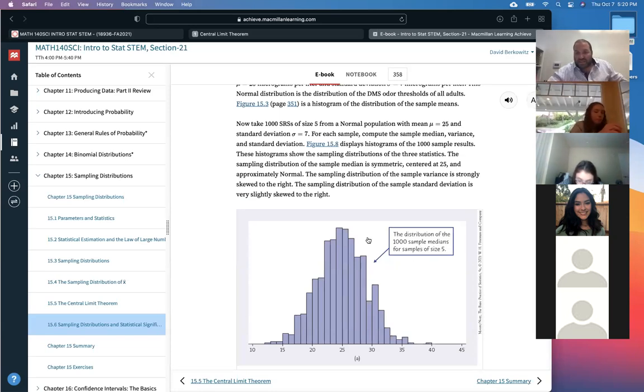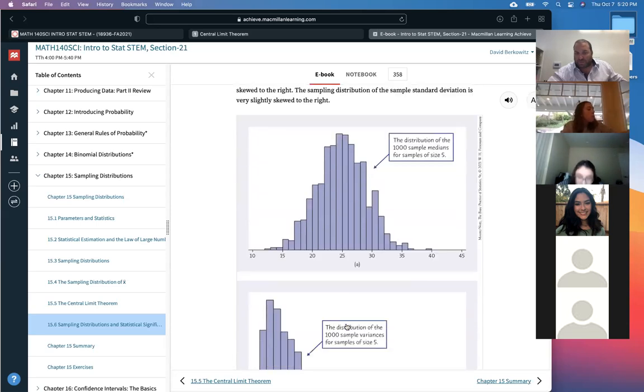Notice that the median is also centered at 25. Do you see that? Look at the center of this. Where's the median of this? Yes, no, maybe so. Okay, the mean of the sample was 25.